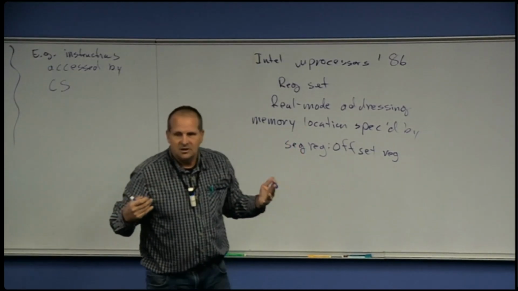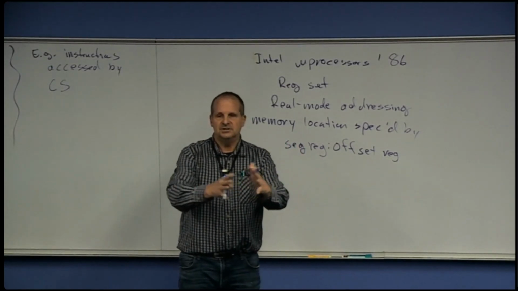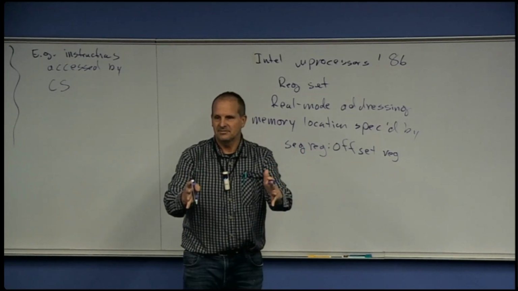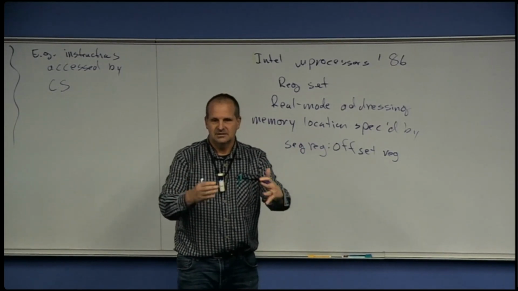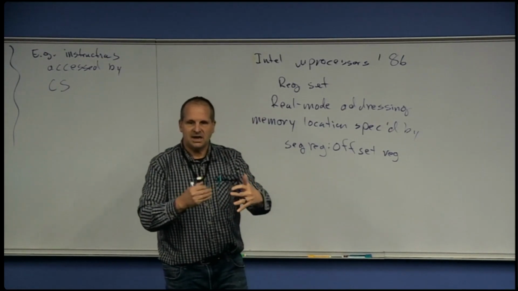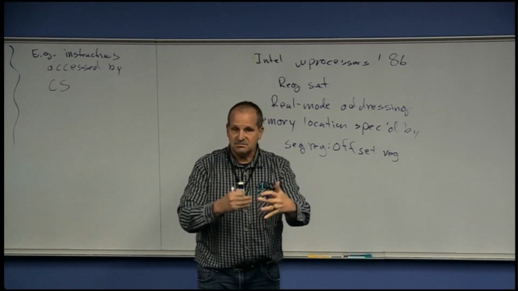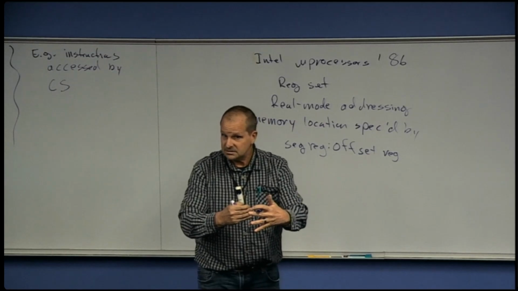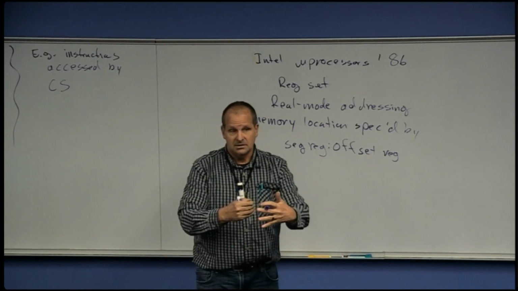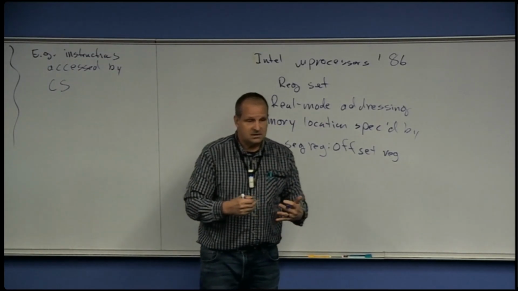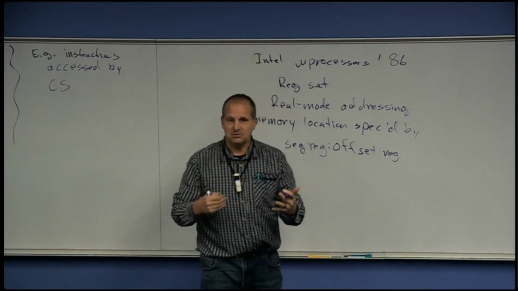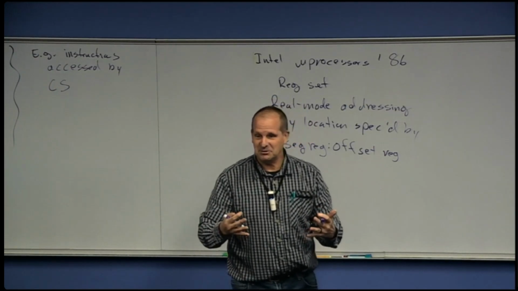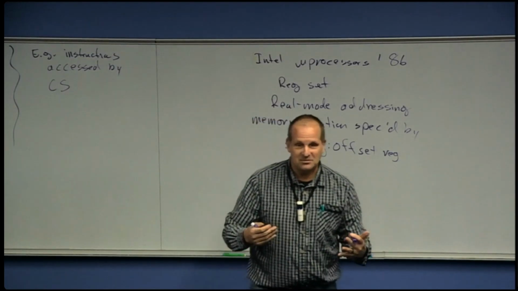Memory is kind of like a huge neighborhood, right? What's in a neighborhood? Houses. And each house has a unique, specific address, correct? In the memory system, which we call memory land, that's the name of the neighborhood.